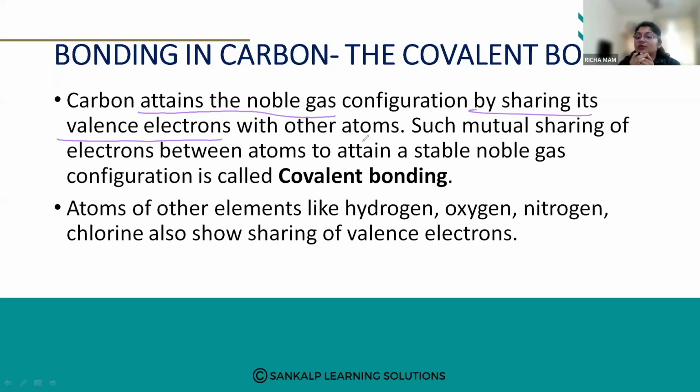The front person has 4 electrons and I have 4 electrons, so I will give my 4 electrons and the front person will also give 4 electrons, and they will form a new bond between these two atoms. So carbon is sharing the electrons.